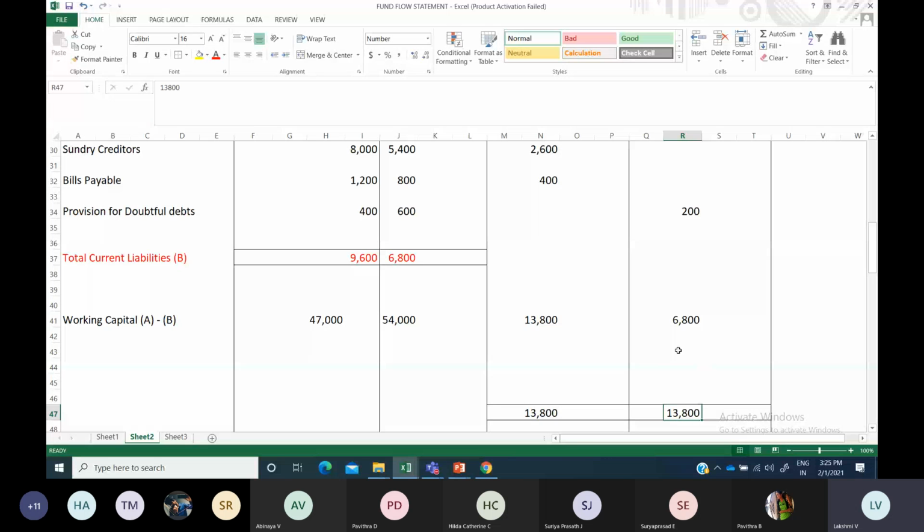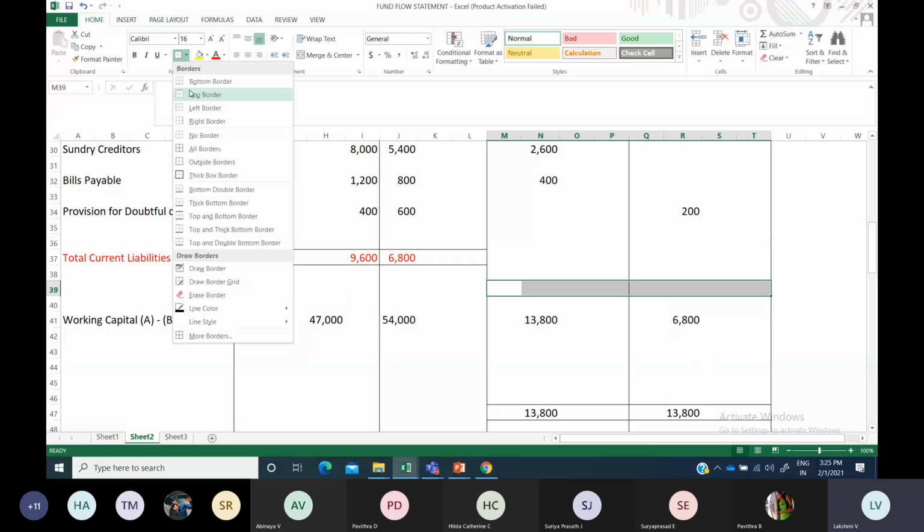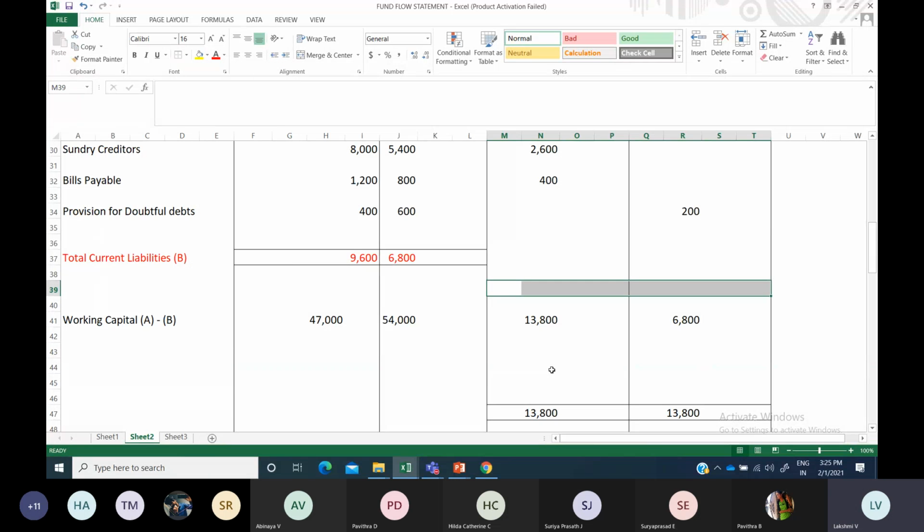So what is the difference actually? If you here just mention the one line so that you will not get confused. Increase column 13,800 actually it is coming. Decrease column 6,800 it is coming. But the difference is 7,000. So if you put here 7,000, you will be getting this 13,800 here.